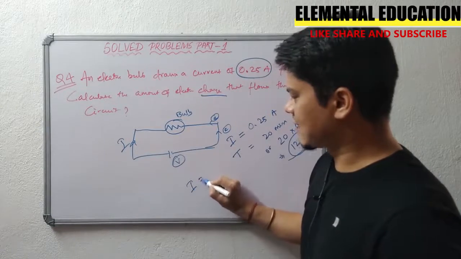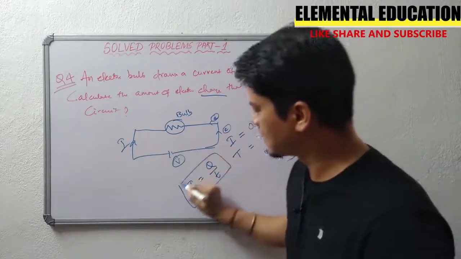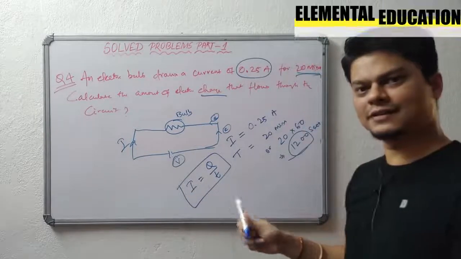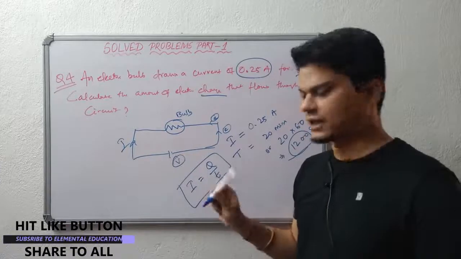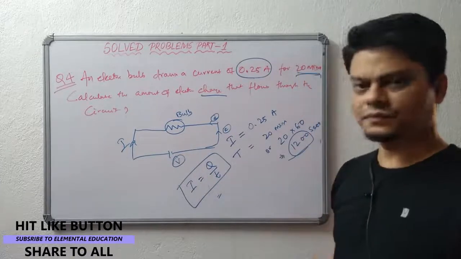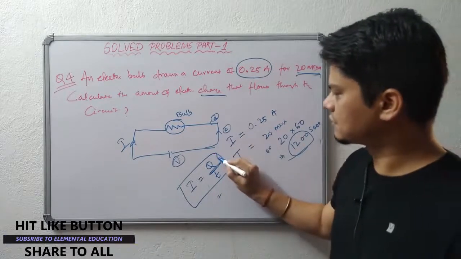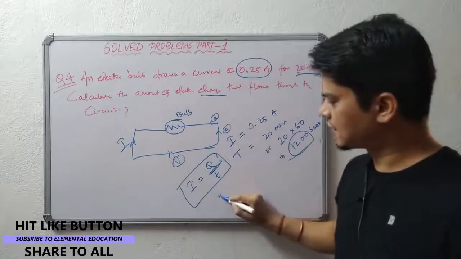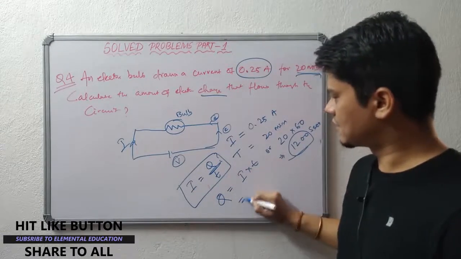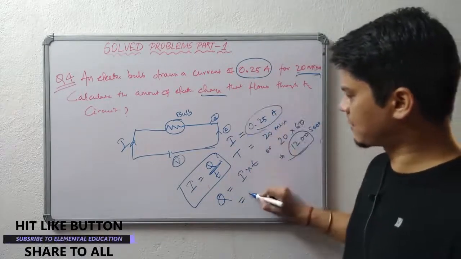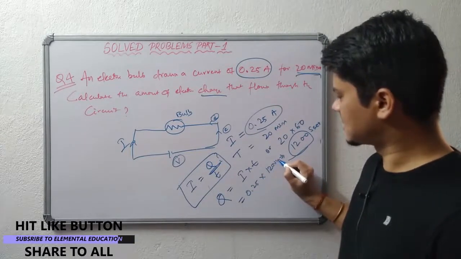But what we know is that electric current is given as Q by T. Remember the formula for electric current? I is Q by T, charge per unit time. What is the charge here? How much charge is flowing, we have to find out. Then Q is equal to I into T. The current is given as 0.25 ampere into 1200 seconds.